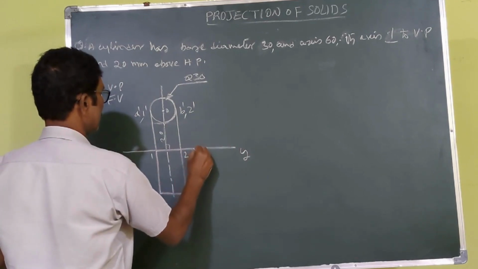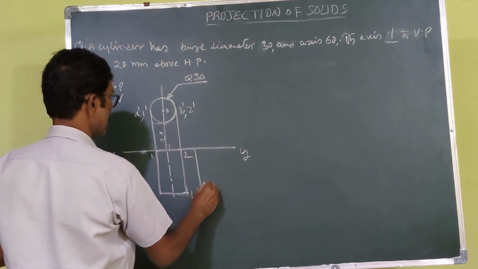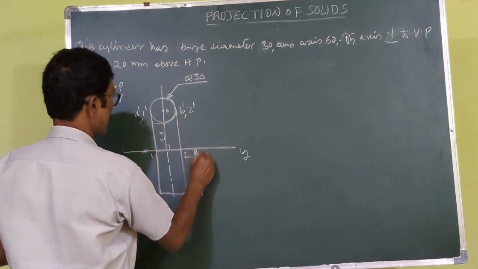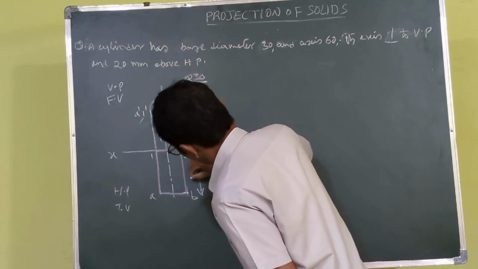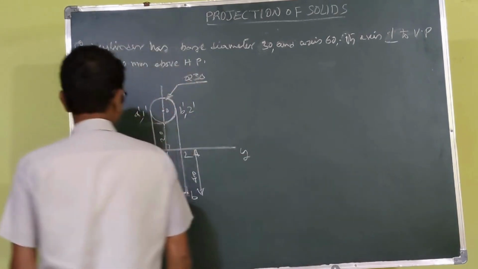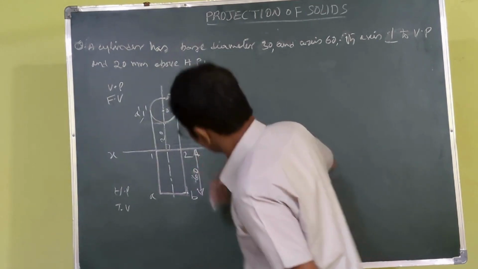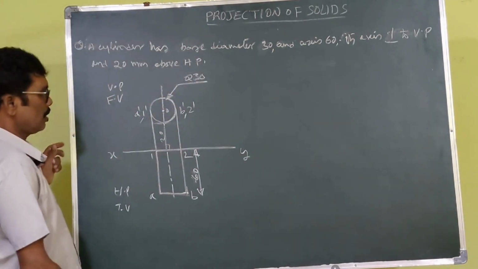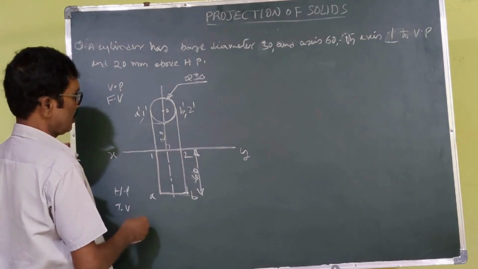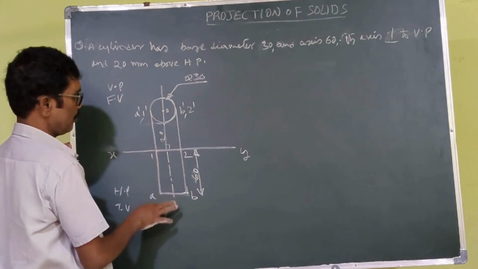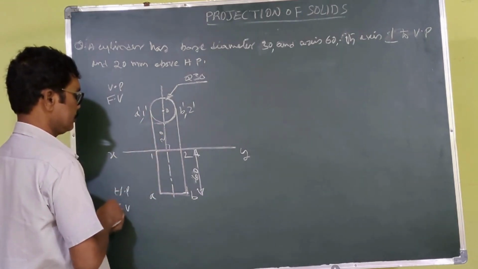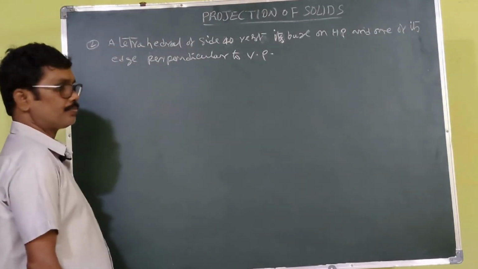So this is equal to 60. So like this we can develop the front view and top view. Understand? Coming to next problem.